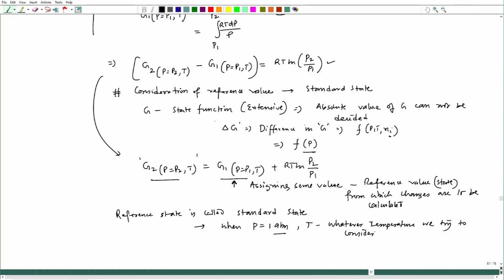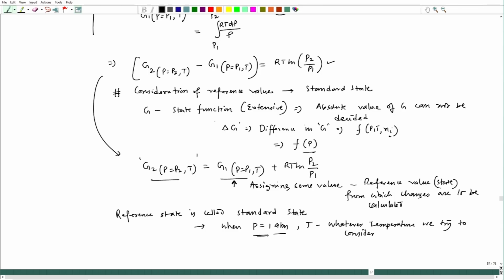So, it can be 0 degree Celsius, it can be 298 Kelvin, that means 25 degree Celsius, it can be 100 degree Celsius, it can be 1000 degree Celsius. The temperature could be anything, but the pressure should be 1 atmosphere.